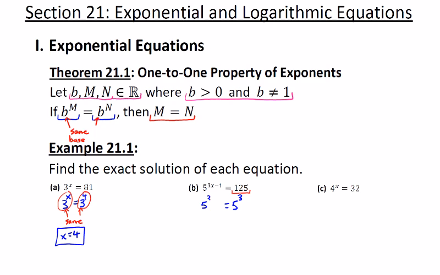And since the left-hand side already has a base 5 with it, I can use this one-to-one property to just set the two exponents equal to each other. 3x minus 1 is now equal to 3. Then I add 1 to both sides. I get 3x is equal to 4, and then I get x is equal to 4/3.